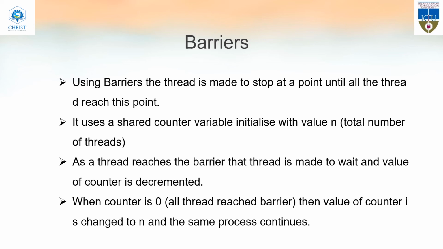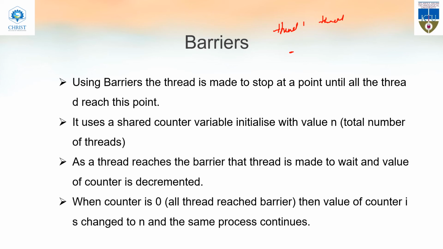Actually, what happens is you'll be giving some points. If thread 1 reaches that point and thread 2 hasn't reached that point, thread 1 will have to wait until all other threads reach that point.